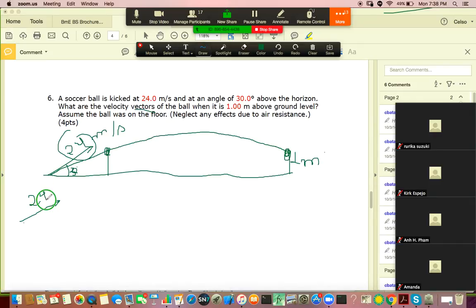So what do you need? You need your v naught x, and you need a positive, look at that, beautiful, v naught y. So this is 24 sine of 30, and this v naught x, to write is horrible here, is 24 cosine of 30.